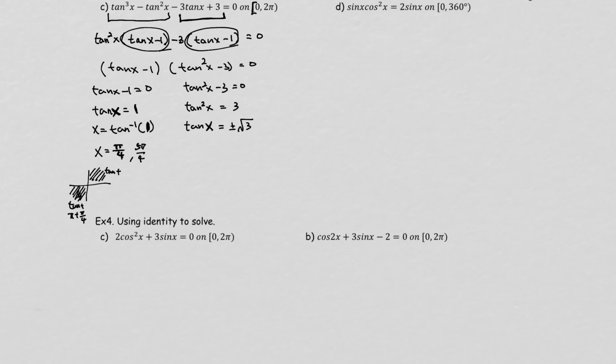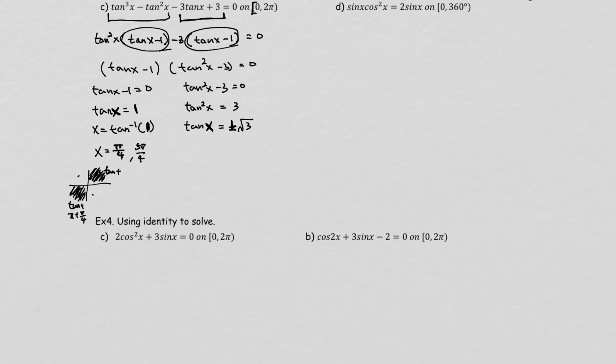So this means which angles give the value of plus or minus square root of 3 in tangent, right? Plus or minus means you need to find angles from all 4 quadrants. Remember, tangent is positive in the first and third, which is the positive value, but tangent is negative in the other 2. So you need to find values from all 4 quadrants.